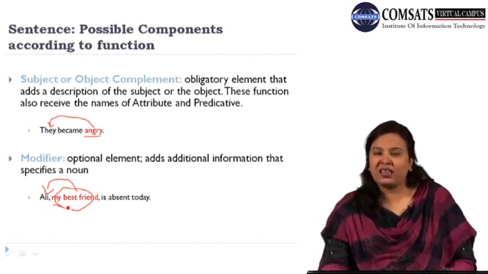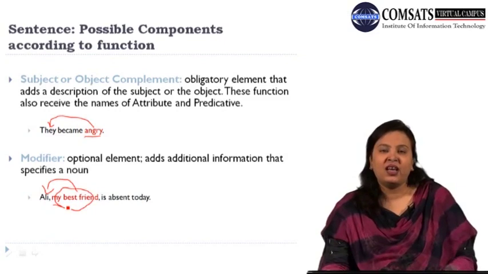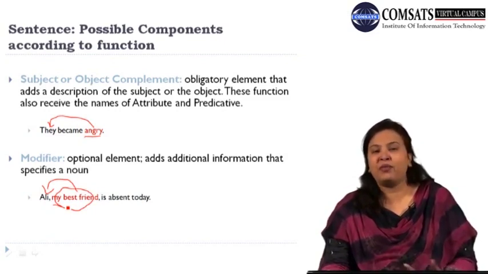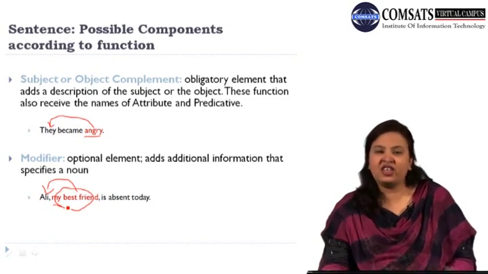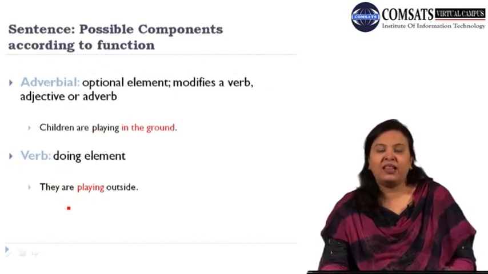Now the founder of Pakistan is additional information I am giving to tell who Quaid-e-Azam is. Quaid-e-Azam is my favorite leader is enough, but to tell who Quaid-e-Azam is, I say the founder of Pakistan. So this is additional information, or the modifier, because it modifies the information about the noun, so it has the modifying function.